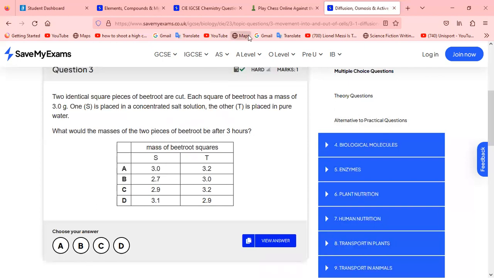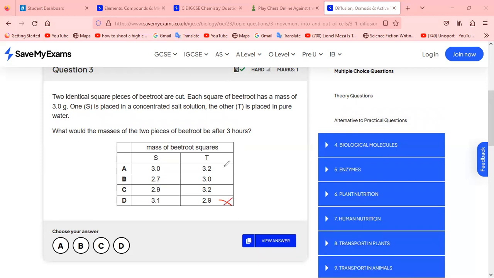So I think one of them will increase and one of them will decrease. S is placed in concentrated salt solution. Wait, so I think it will decrease by 1. Wait, no. It can be by 0.1 or 0.3, but you have to look at T, how much it increases.